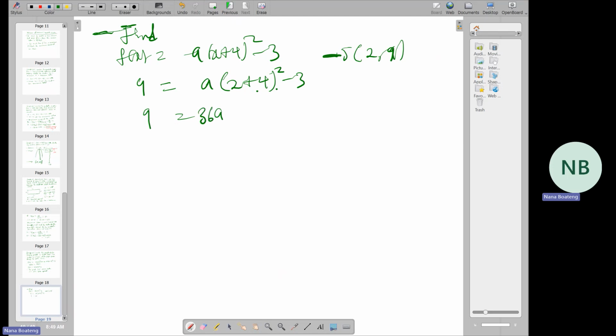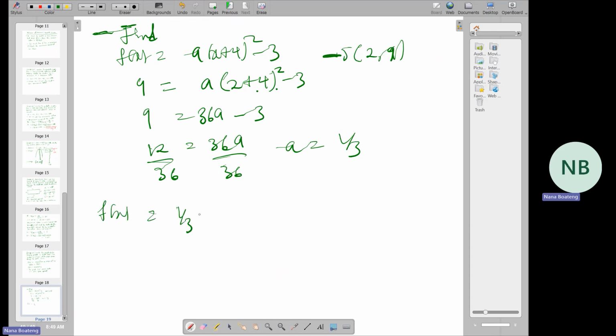So 9 equals 36a minus 3. If we add 3 on both sides, then 12 is equal to 36a. We divide both sides by 36, and that gives us a is equal to 1/3. So f of x is equal to 1/3 (x + 4)² minus 3.